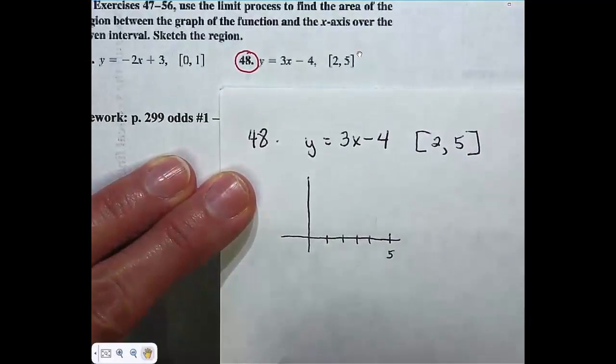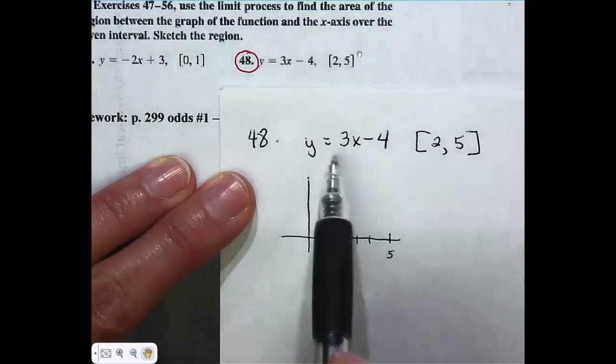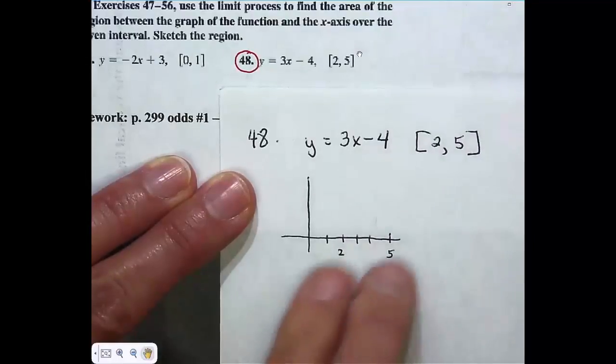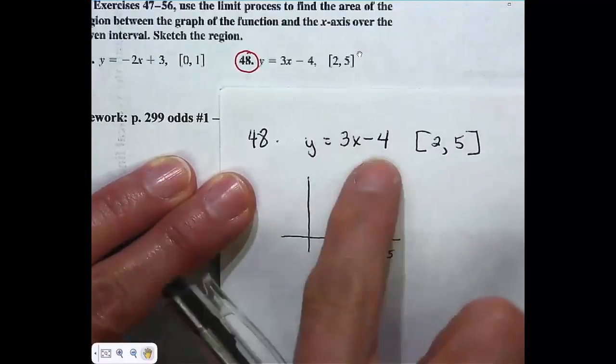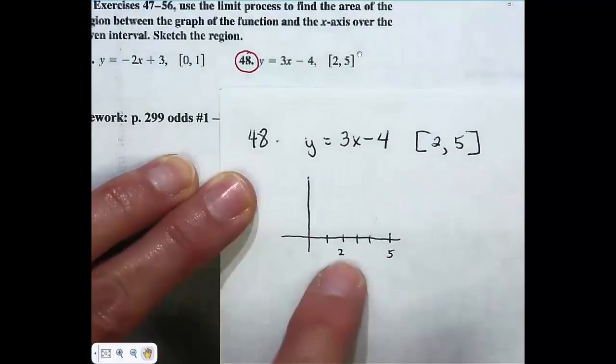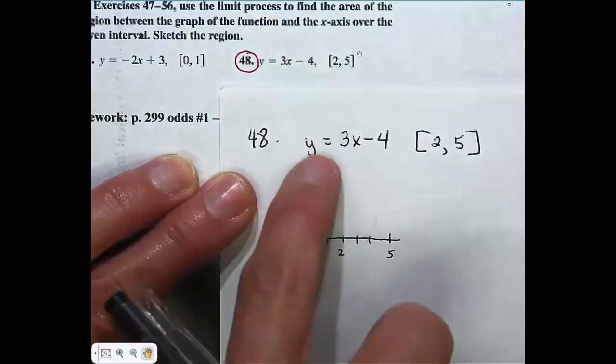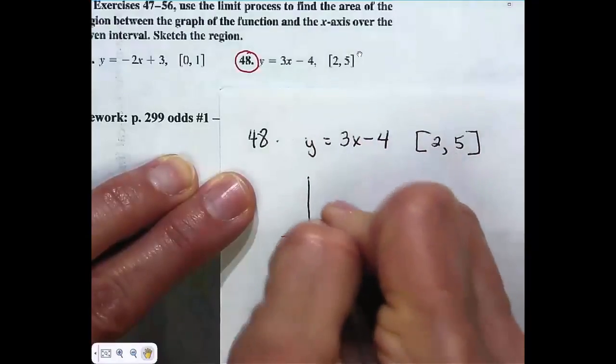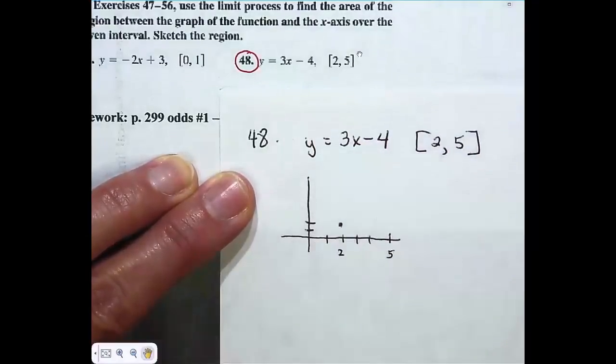We want the area bounded by the line y equals 3x minus 4 from 2 to 5. I need to know what the endpoints of that line segment would be. At the left endpoint, 3 times 2 is 6, 6 minus 4 is 2. So (2, 2) would be the left endpoint.